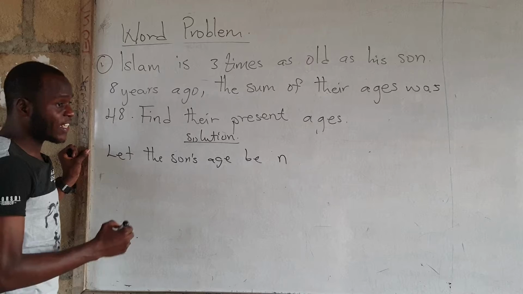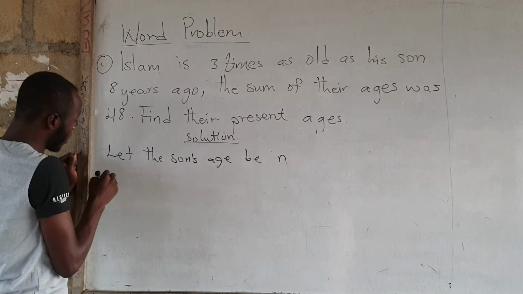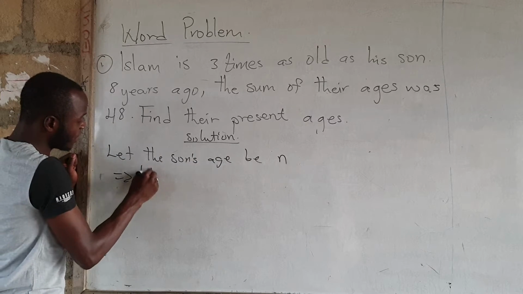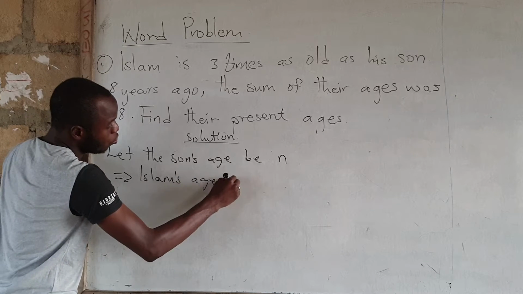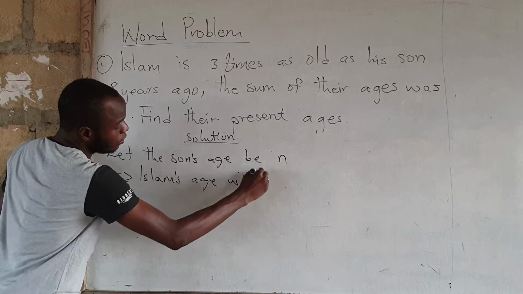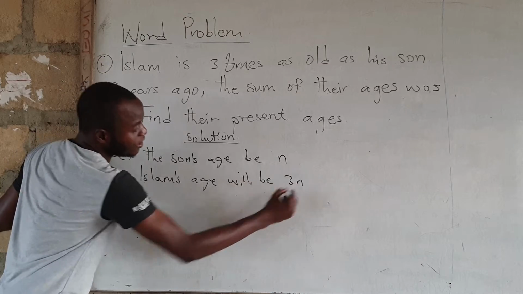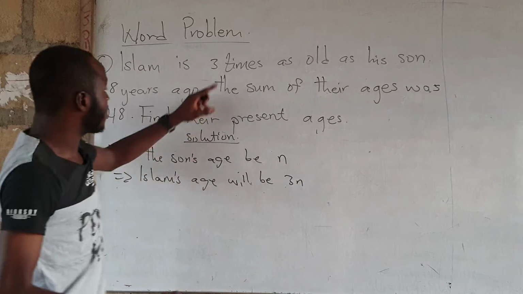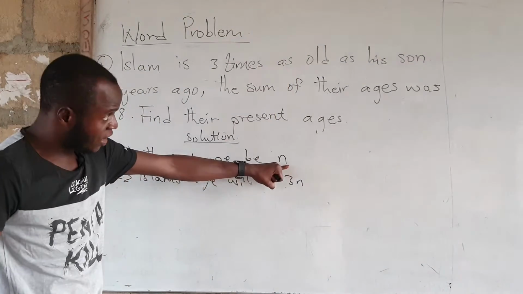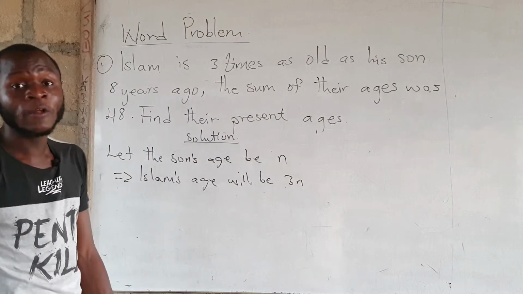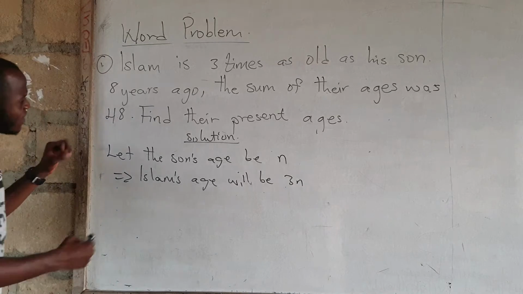Having let the son's age be n, it implies that Islam's age will be 3 times n. Because in the question, remember they said Islam's age is 3 times that of his son. So if his son is n years old, then Islam's age will be 3 times n.